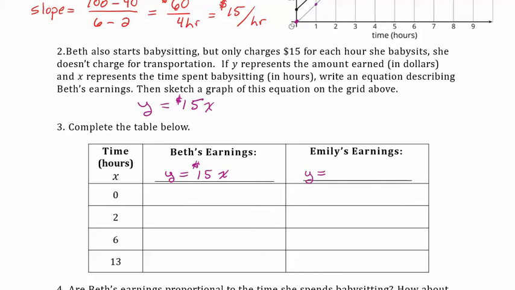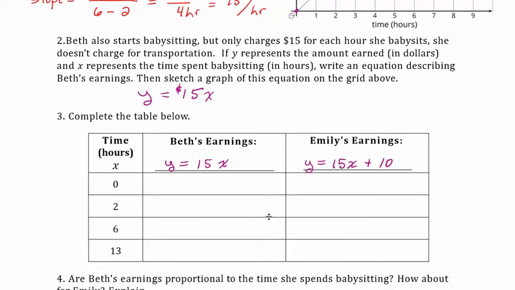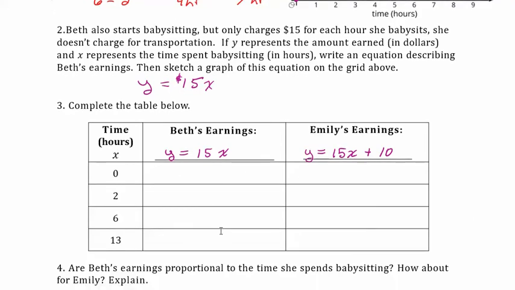Well, she's still charging $15 per hour, but now she's adding on a $10 fee. So to find Emily's earnings, we're going to take 15x plus that $10 travel fee. All right, take a second, pause the video, complete this table, and then we will talk about number 4.